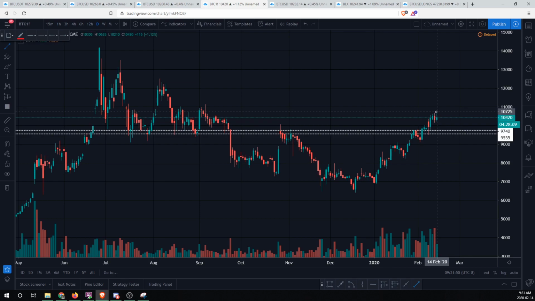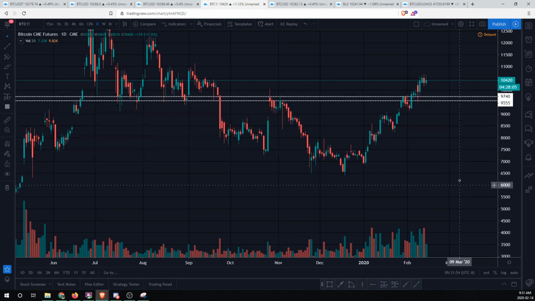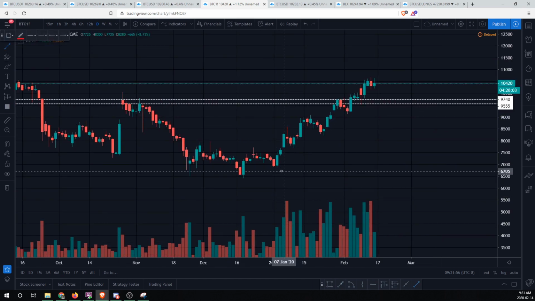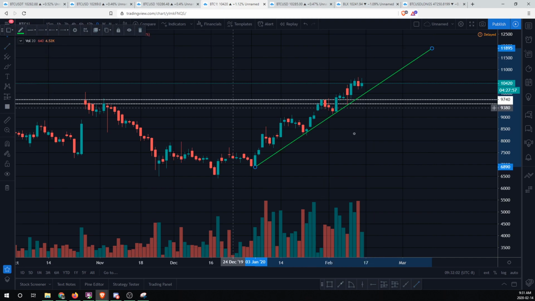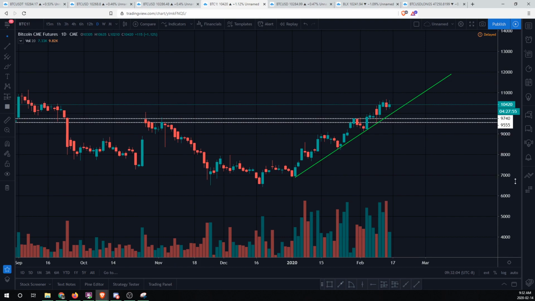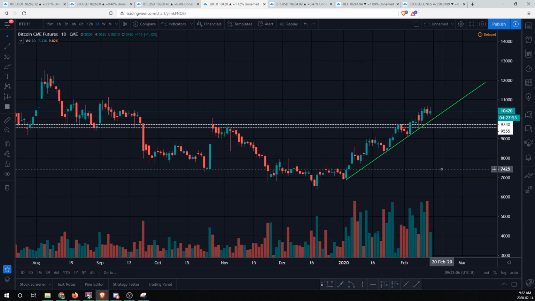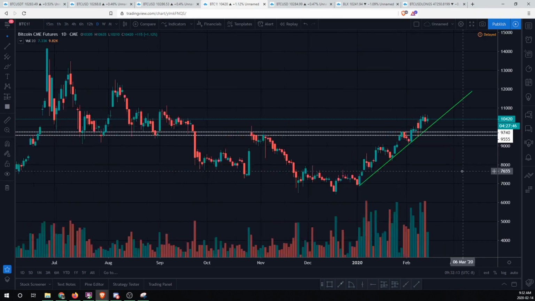But what we're mainly looking at this exchange for is to see the gaps in the CME futures exchange. And then I also see a nice ascending trend line that connects these lows right here. So that's a pretty well-respected ascending trend line. I'm going to keep that there. If it breaks, it could be a shift in trend, but I'm mainly going to be looking at the $9,700 zone for a key area of support.